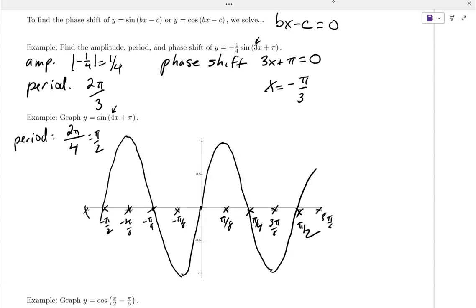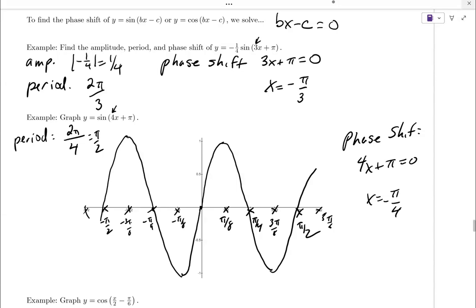Now for the phase shift, you told me what the phase shift was. What was it? Negative pi over 4. Good. If you remember, for your phase shift, we set 4x plus pi equals 0 and solve. So our phase shift is negative pi over 4.